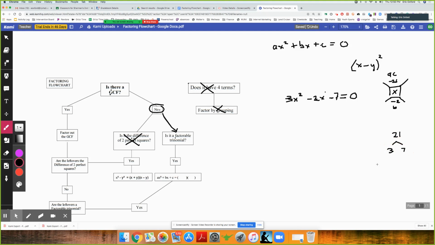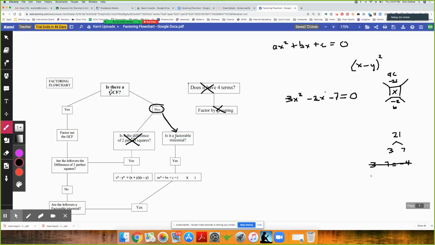And so I need to think of if I were to combine 3 and 7 in some way, is that ever going to equal negative 2? So if I did 3 minus 7, that would equal negative 4. That is not equal to negative 2, so this would not work.